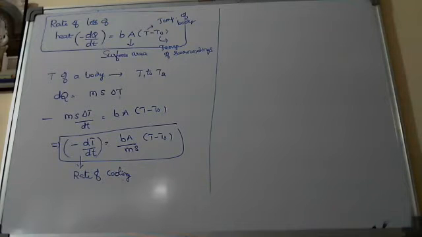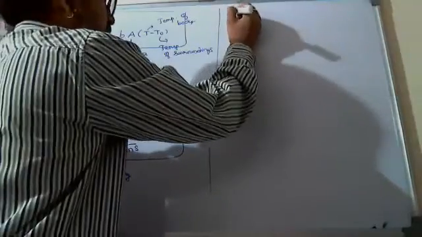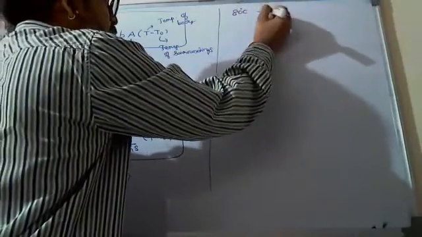What are the two questions? Suppose I am taking one hot body and it is cooled by the method of convection, obeying Newton's law of cooling. It is trying to change its temperature from a maximum of 80 degrees Celsius to a minimum of 30 degrees Celsius.